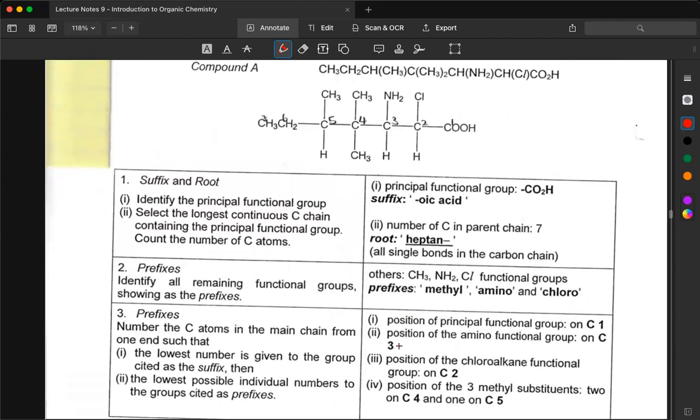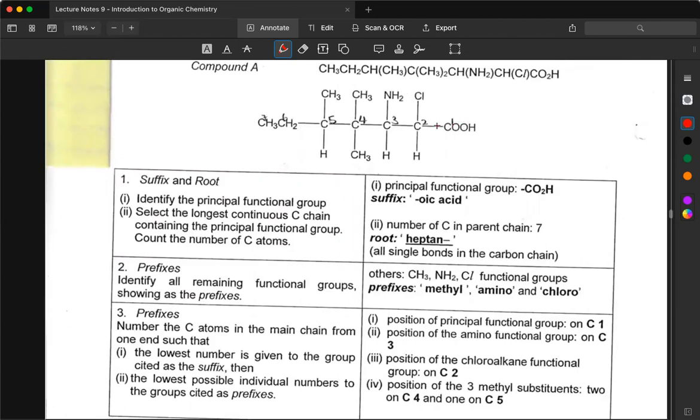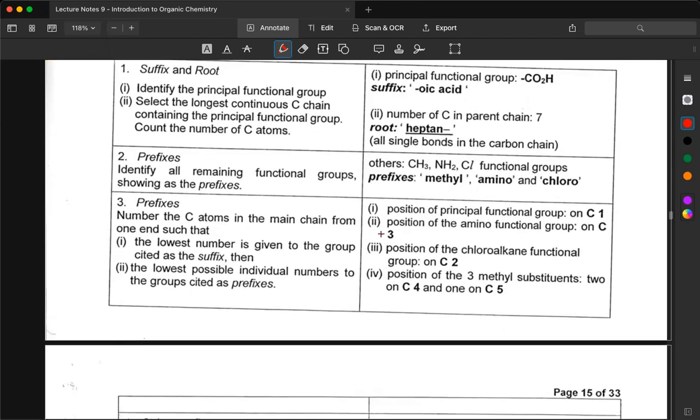So for example, the position of the principal functional group will always be 1. It must be the first carbon. And then the position of the amino function will become 3. Because this is 1, so you follow. Chloro is 2, nitro is 3, and the 3 methyl substituents will be 4 and 5 respectively.